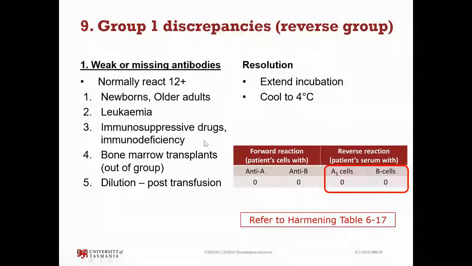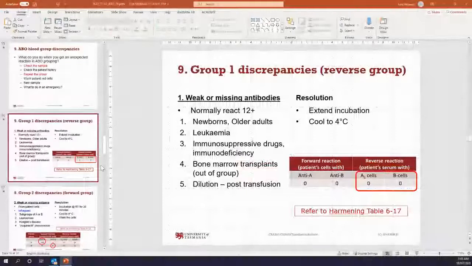Similarly, any immunosuppressive drugs or any sort of immunodeficiency suppresses the immune system, suppresses our B cells, suppresses antibody production. Bone marrow transplants can also, if they're not the same group, can also cause this.